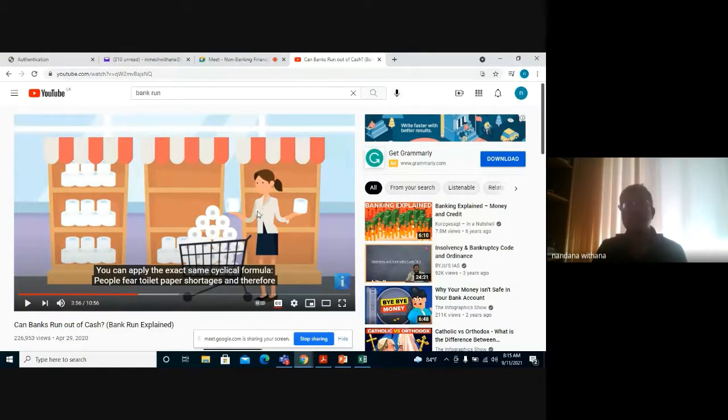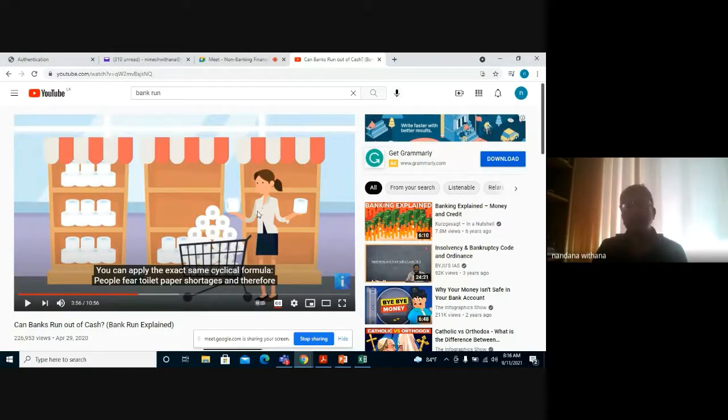People purchased things as if there won't be any more sugar production, no more rice production, and no more toilet paper production throughout the world. Don't blame Sri Lankans. This is how Americans behaved. This is how Italians behaved. They emptied the racks in markets, supermarkets. People purchased and hoarded a lot of items.